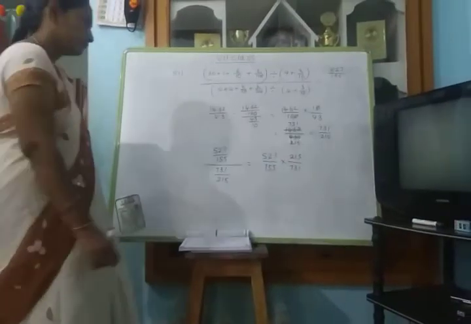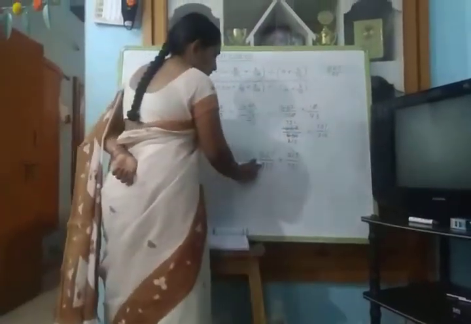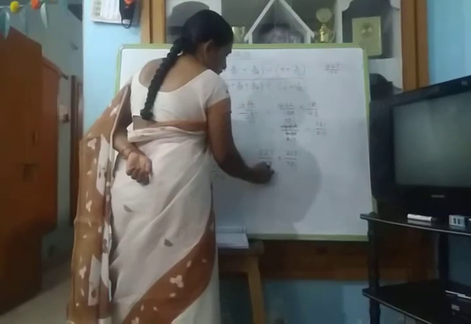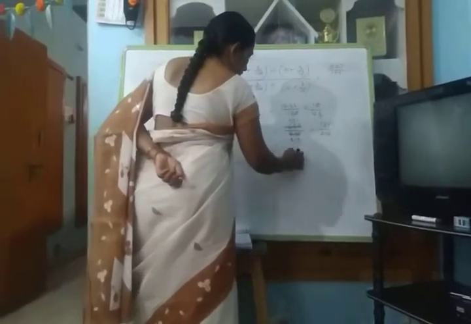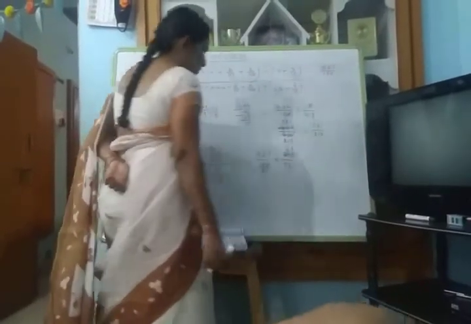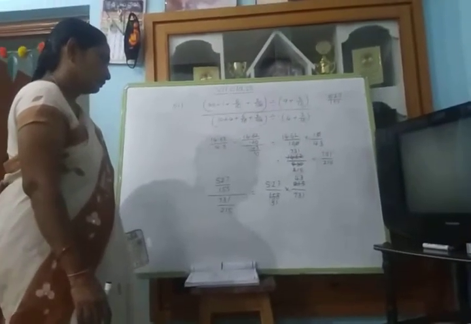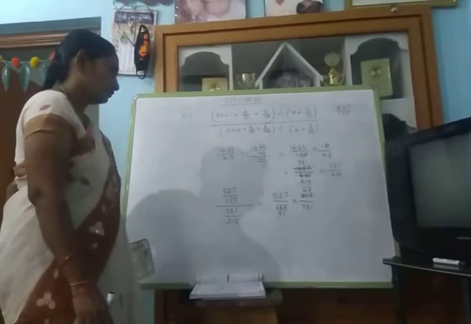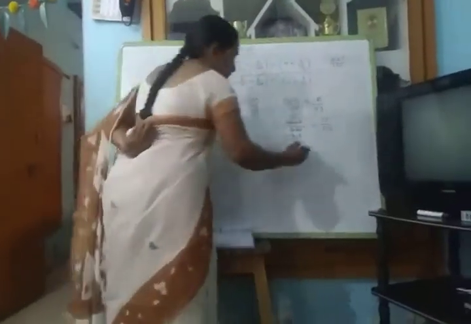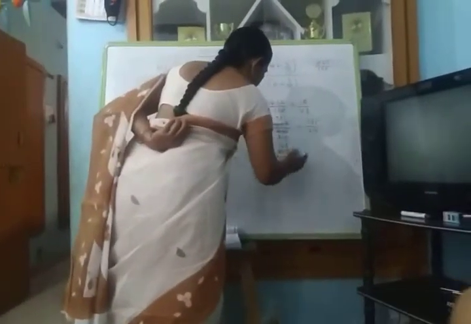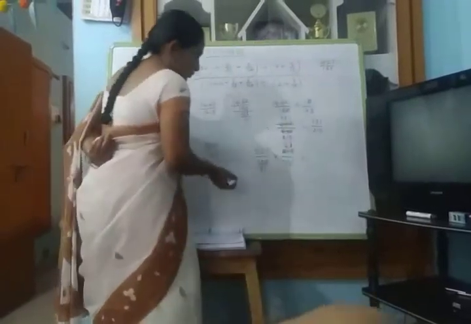Now this is with the 5 table: 5 threes are, 5 ones are, 5 fours are, 5 threes are. Next, if you simplify this, multiplying is not possible with any table.